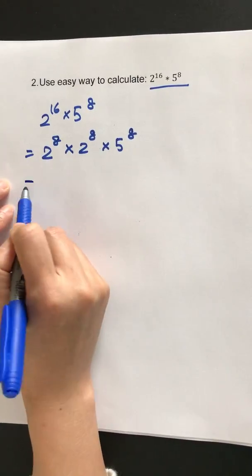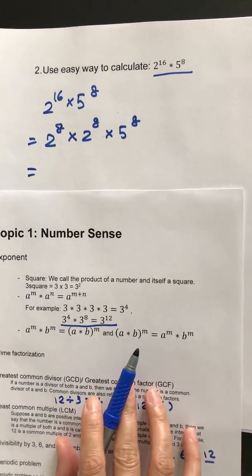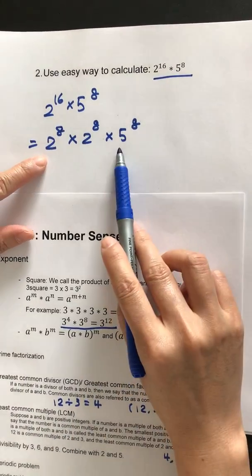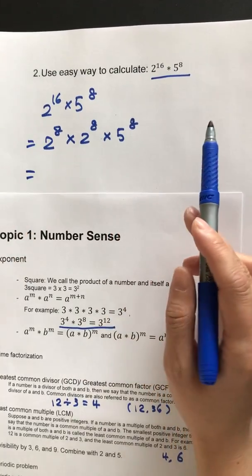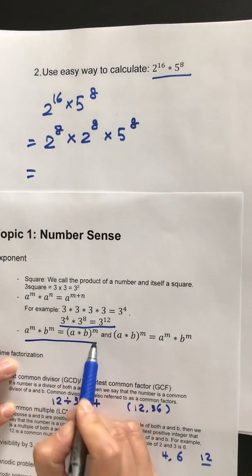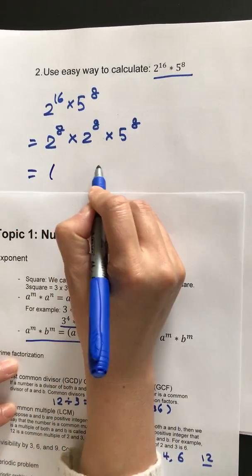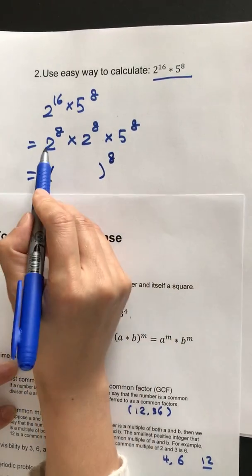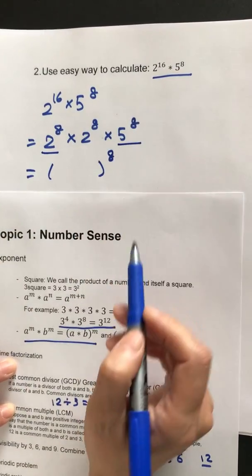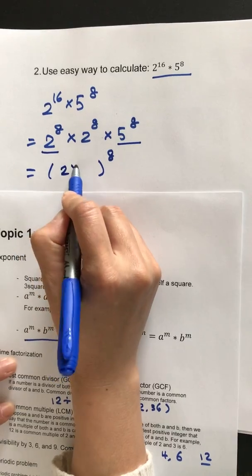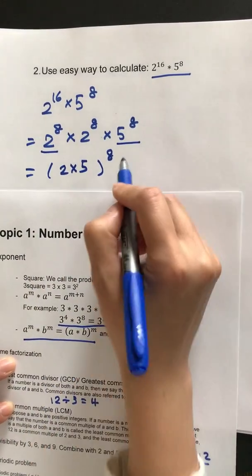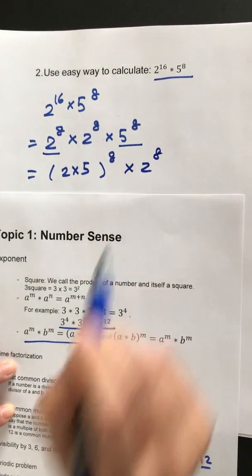Then we use another property that we just learned. We have different bases, but we have the same exponent, so we can combine them together. This is exponent to the 8th. If I have the first term and the second term together, we have the 2 bases multiplying together to the 8th.